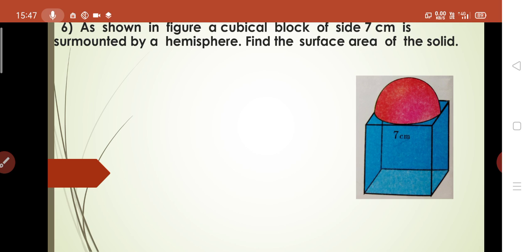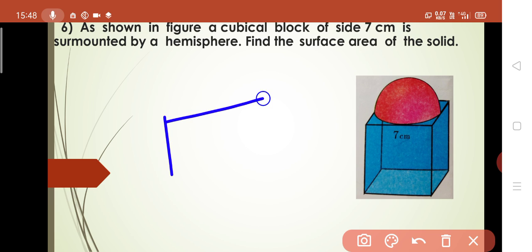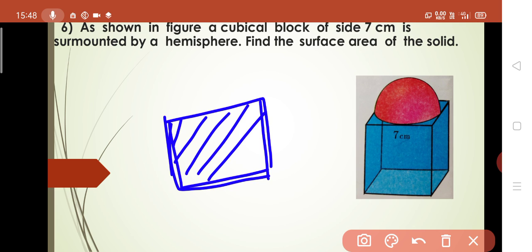Top portion area we don't want, only the portion which is by the side of the 4 corners. If you use the formula a square for the top of the cube, you will get the full area, but it was covered by the hemisphere.